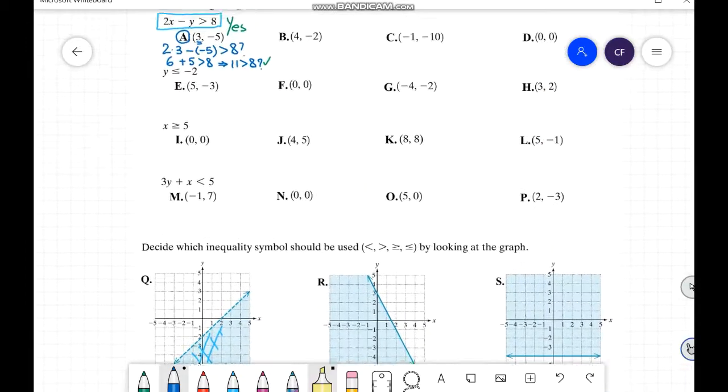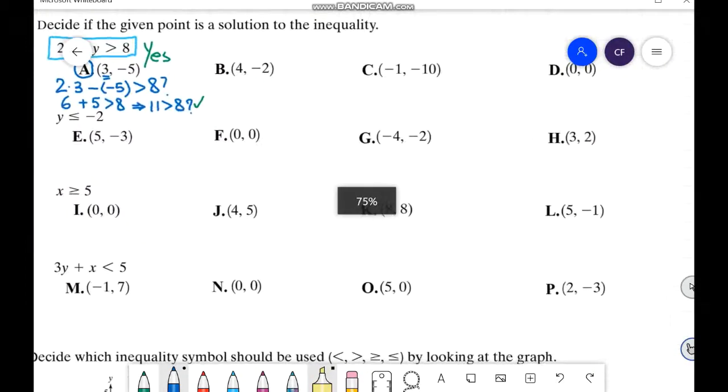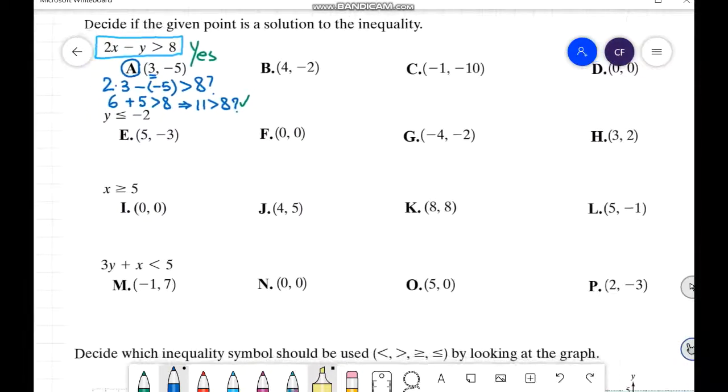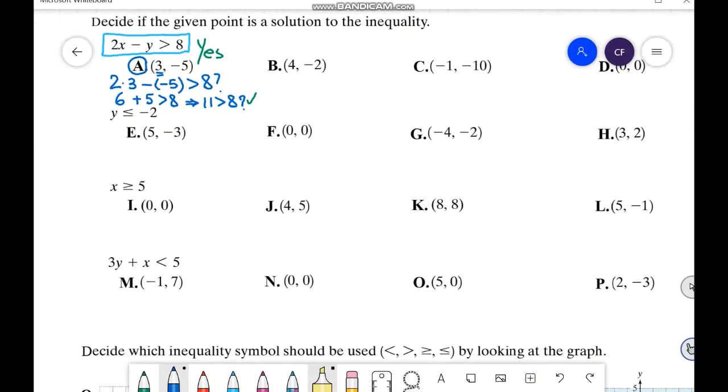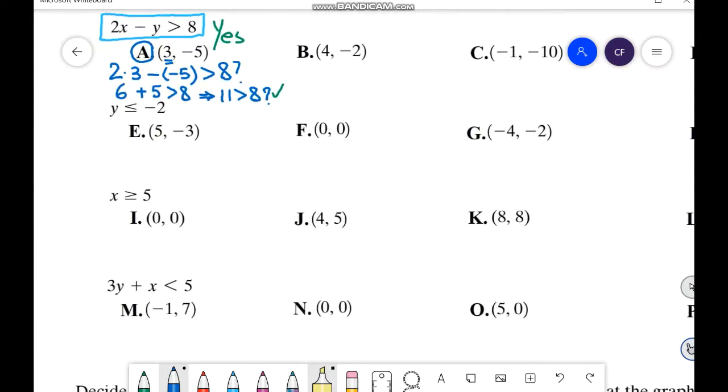Let's try another example. Letter E is yes, letter F. Let's try letter F here.